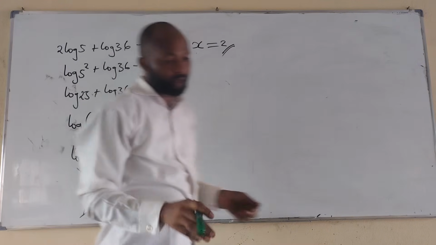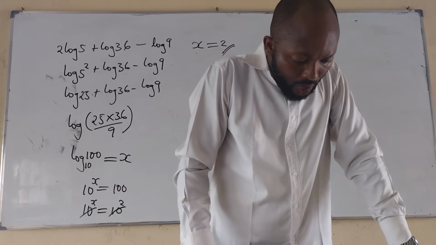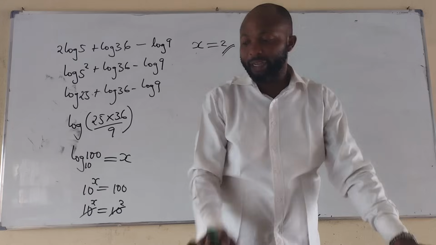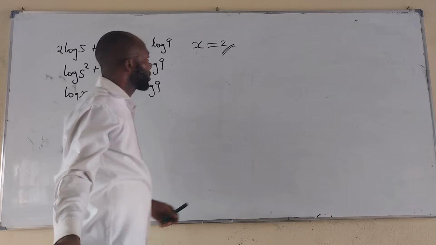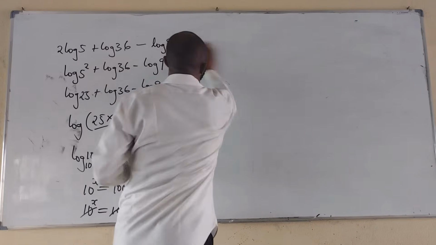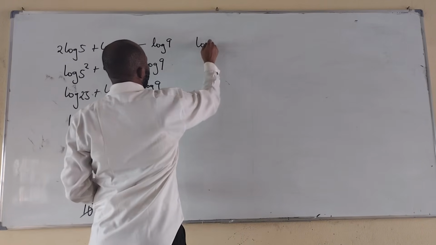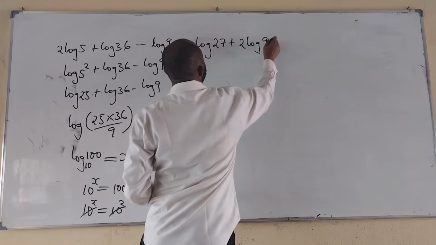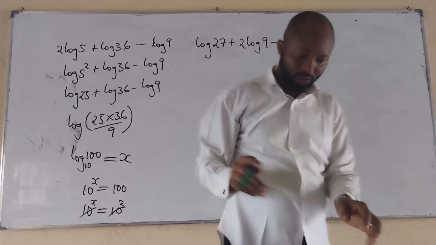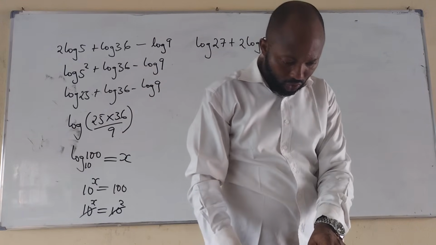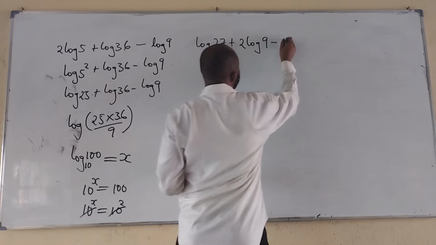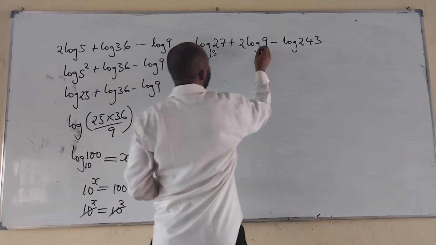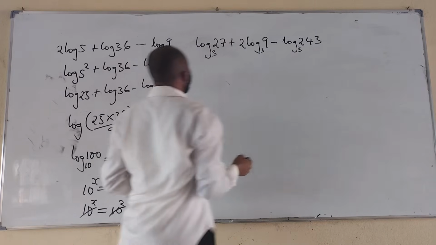Let's take another question. Log 27 plus 2 log 9 minus log 243, all in base 3. This will give us what?